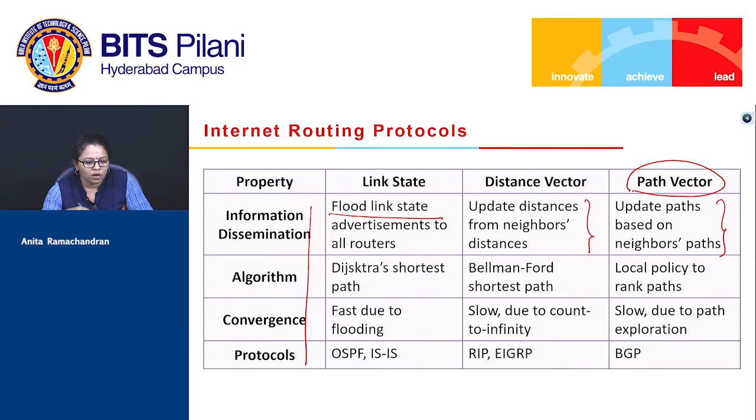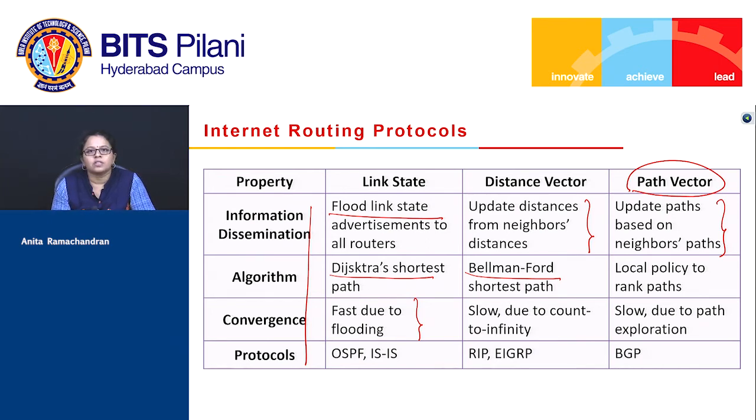In terms of algorithm, link state implements Dijkstra's shortest path, distance vector implements Bellman-Ford shortest path, and path vector also makes use of local policy to rank paths and find out which one would be the best path for reaching a particular network. In terms of convergence, link state is said to be fast due to flooding, and distance vector is said to be slow, especially because there is a possibility of the count-to-infinity problem.